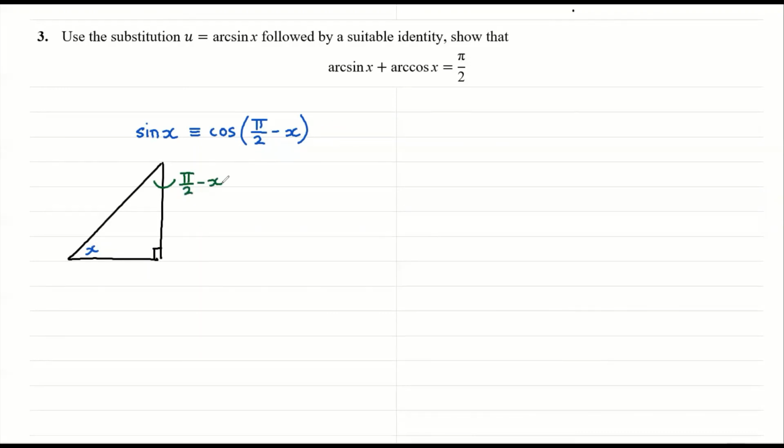Now, you'll notice very quickly that if I take the sine of the angle x, the sine would be the opposite side, which is here, divided by the hypotenuse, which is there. So I'll write that down.